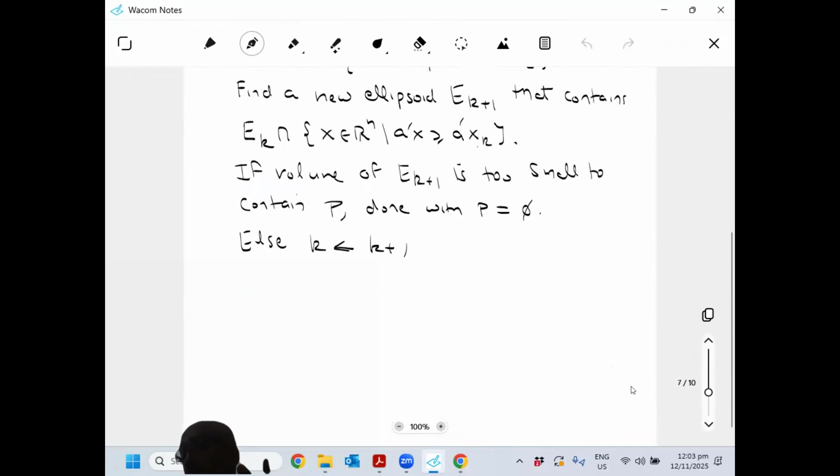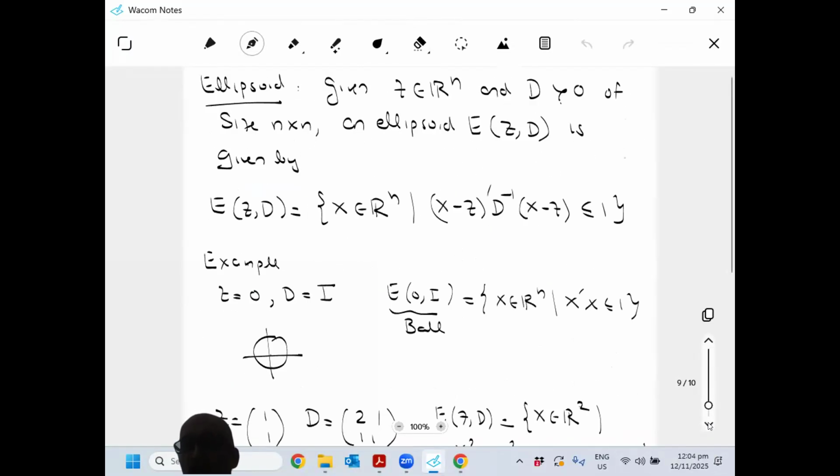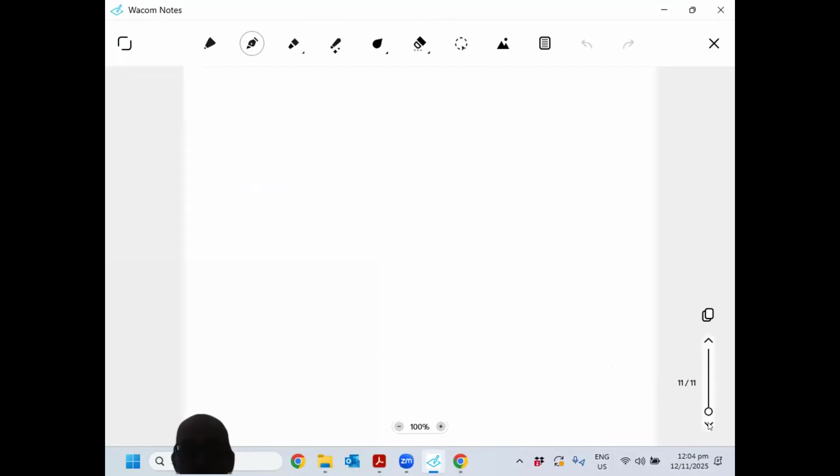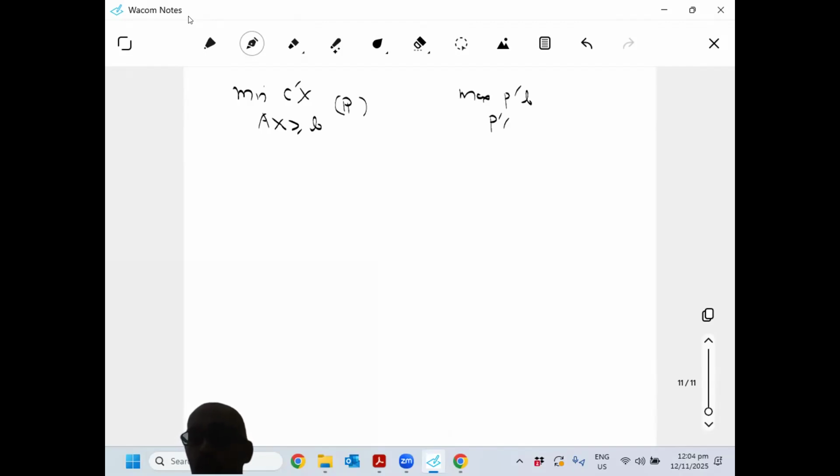One way to think about optimality is very simple. If you don't mind, I'll take one more minute. Think about LPs, primal and dual.